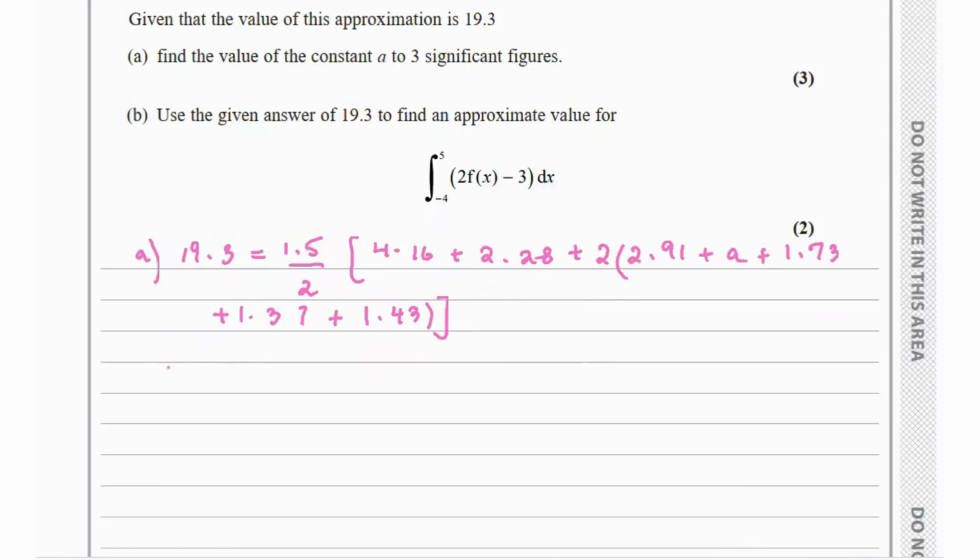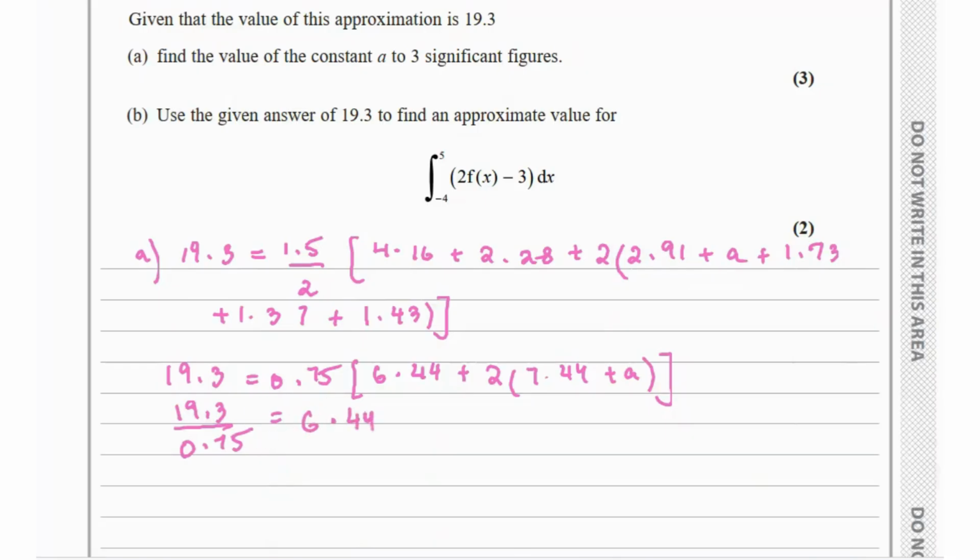And that's going to be 19.3 equals 0.75 times 6.44 plus 2 times 7.44 plus a. That's going to be 19.3 divided by 0.75, and that equals 6.44 plus 14.88 plus 2a.